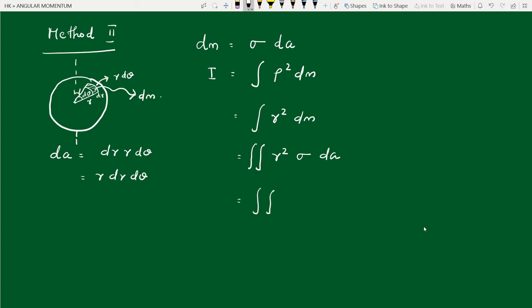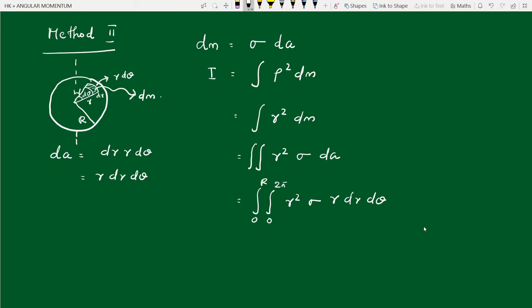Double integral r square sigma, what is dA? r dr d theta. So this double integral involves limits of r. The limits of r are from 0 to the maximum radius, capital R, of the disk. And the limits of theta from 0 to 2 pi. It should cover the entire circular plane.